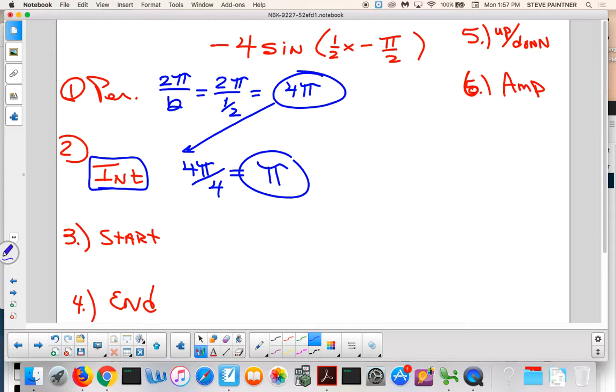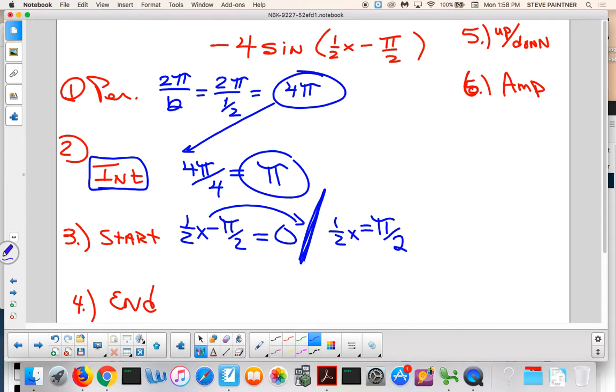Where do I start? Don't you always want to put 0 in first? Sine of 0. When is that inside part, 1/2 x minus pi over 2, equal to 0? Move this over and get 1/2 x equals pi over 2.